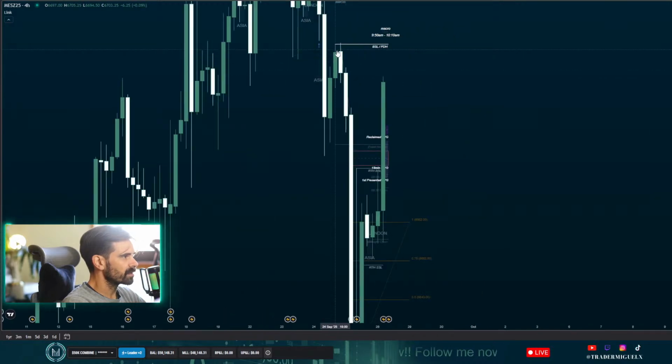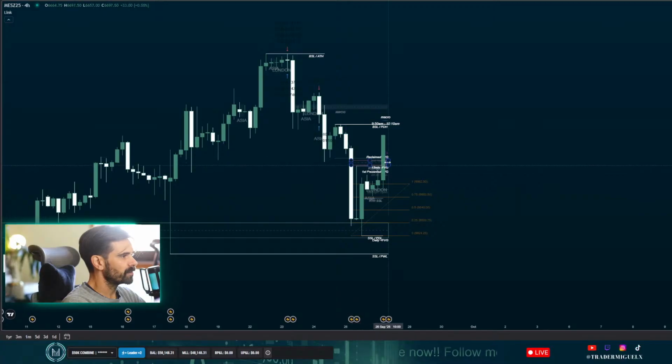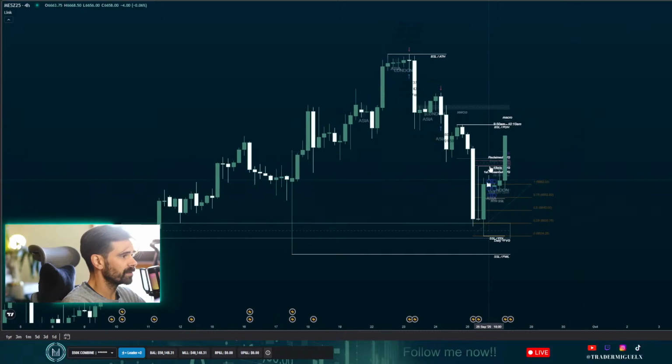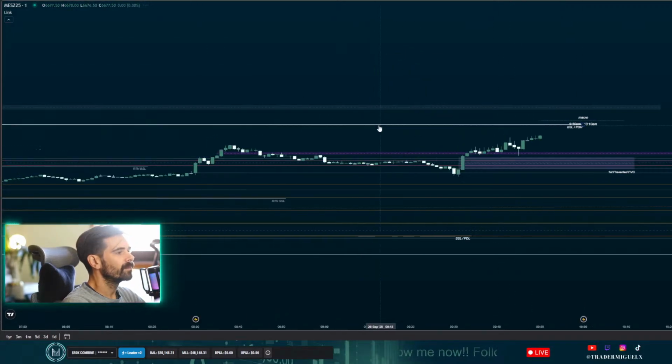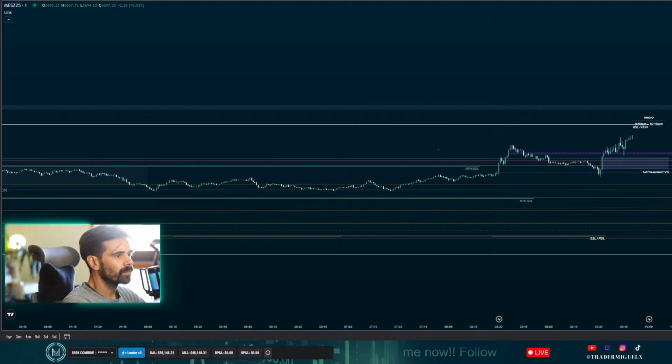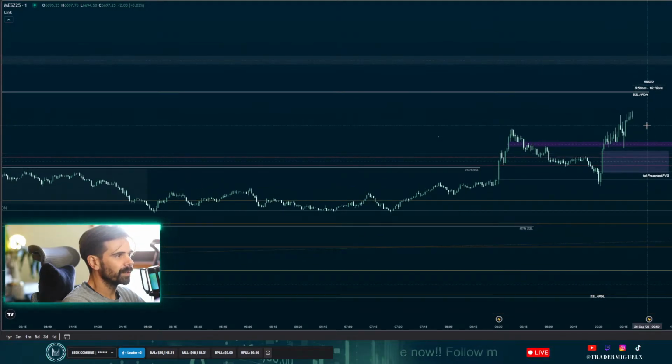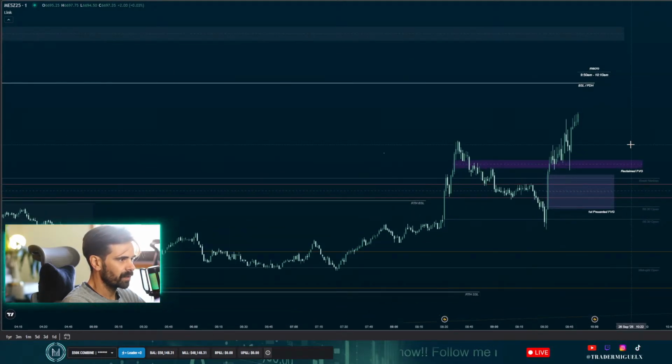So this is the 4 hour order block that ES is trying to work on. And so far, the bias that I had for today's price action is developing. So a long and bullish bias so far.